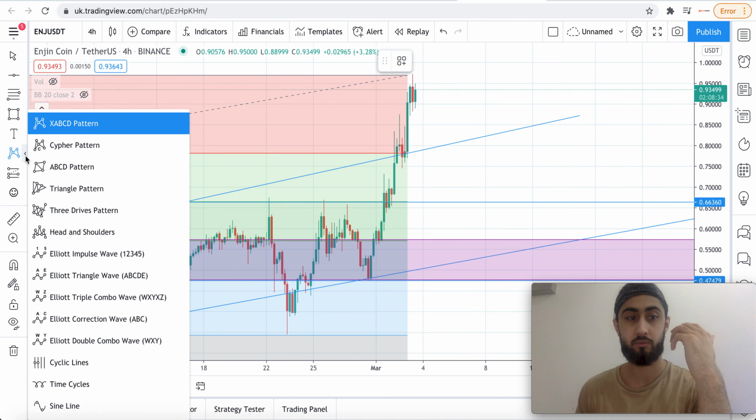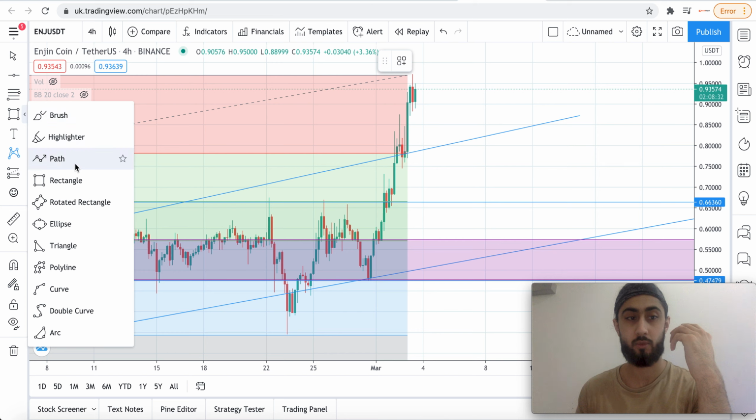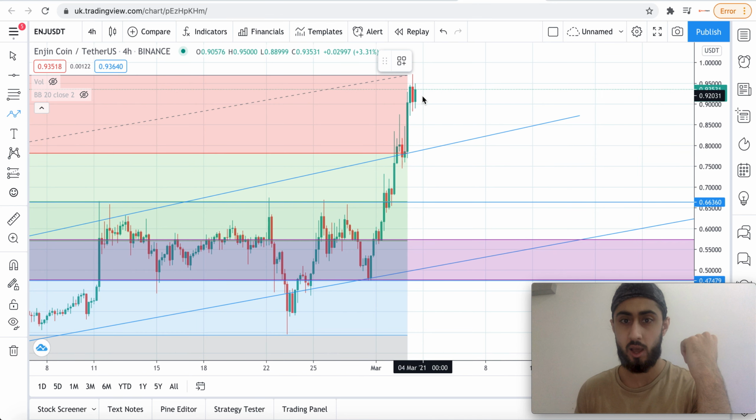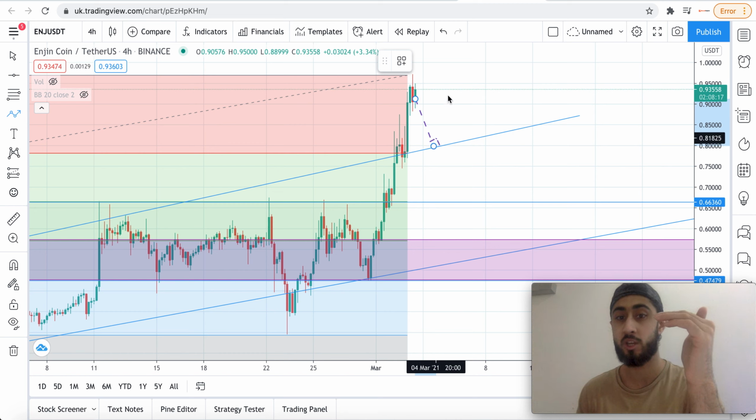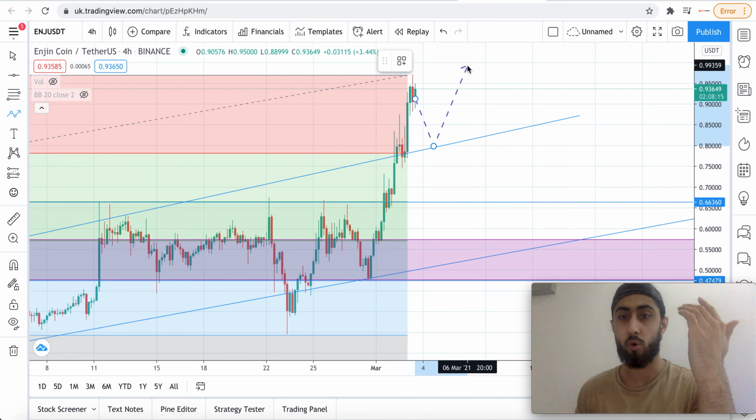Okay, so first of all, I believe it will dip. It will come towards this trend line here, establish it as support. If it does establish it as support, then it will hopefully go back up.